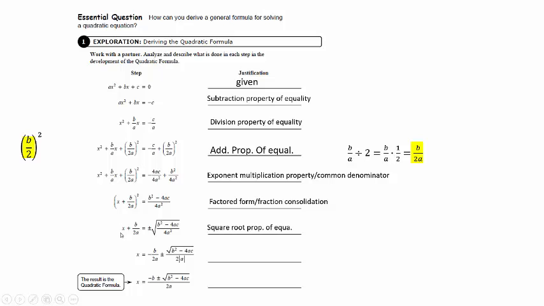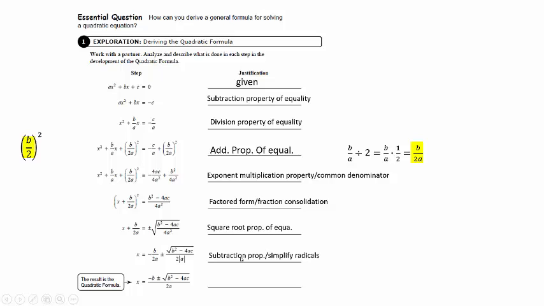And then it looks like we're going to square root both sides, which is the square root property of equality. Then they moved over this b over 2a, and they divided this into the square root of the numerator and the square root of the denominator.